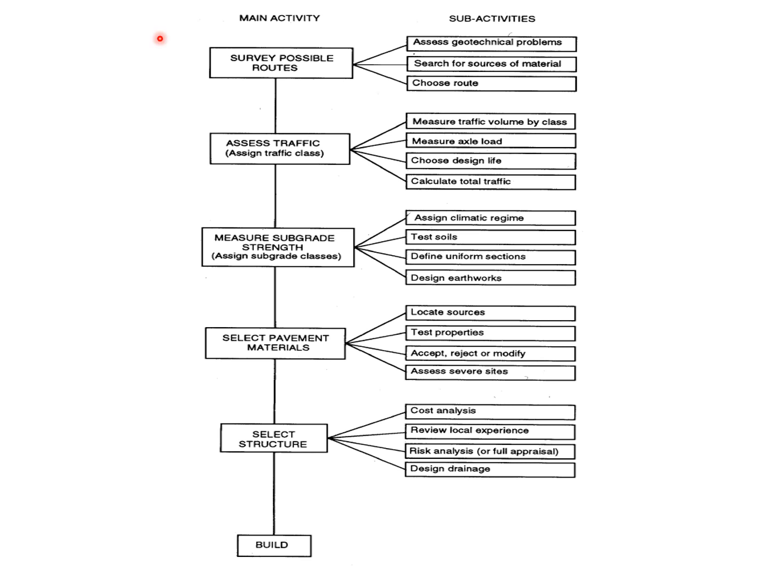If I just look at the main activities, you can see: survey possible routes, assess traffic, then measure subgrade strength, select pavement materials, select structure, and then the stage of construction. And you can see that these main activities are associated with some sub-activities which are mentioned on the right side of the slide.